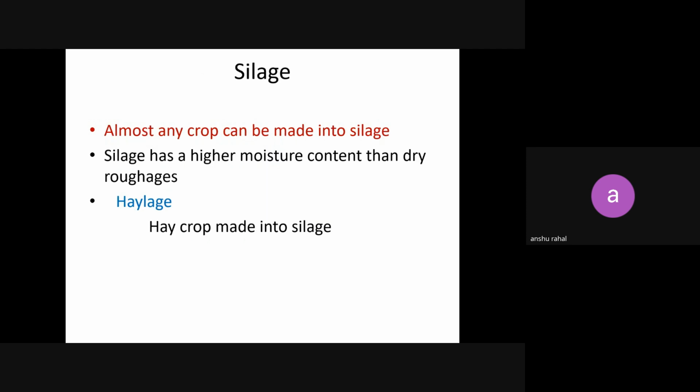Then the silages. Silage, in normal language, is a preservative. It is a sort of pickle, green fodder pickle.